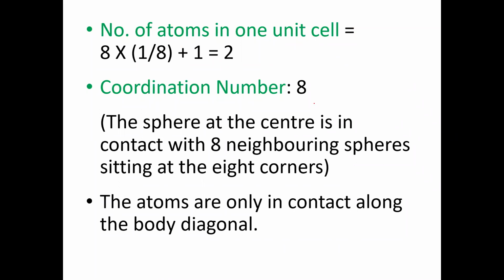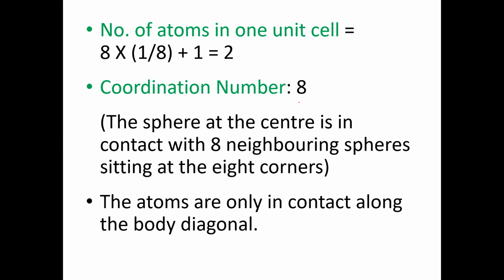Coordination number is 8, and to understand that, we knew that the one sitting at the body center is in contact with all the 8 at the 8 corners. So that is the way we try to conceptualize that the coordination number has increased. Obviously, if the percentage of packing increases, the coordination number has to increase, no doubt about it.